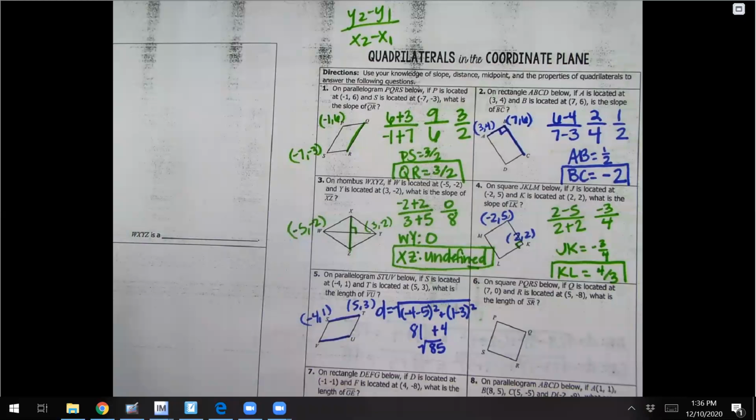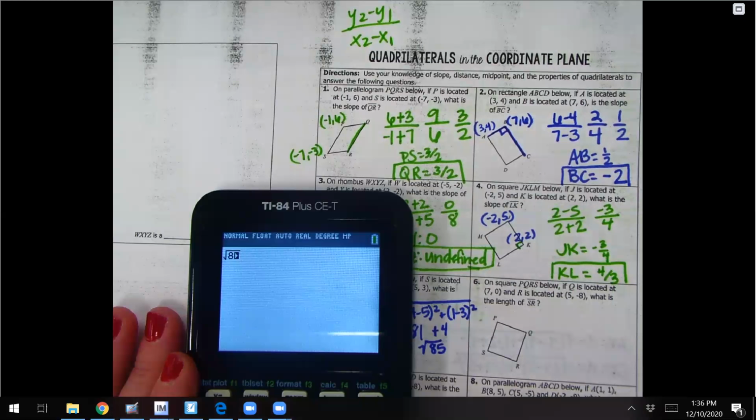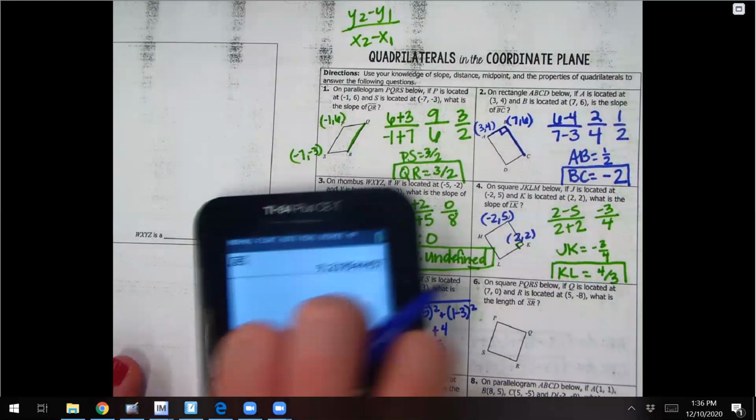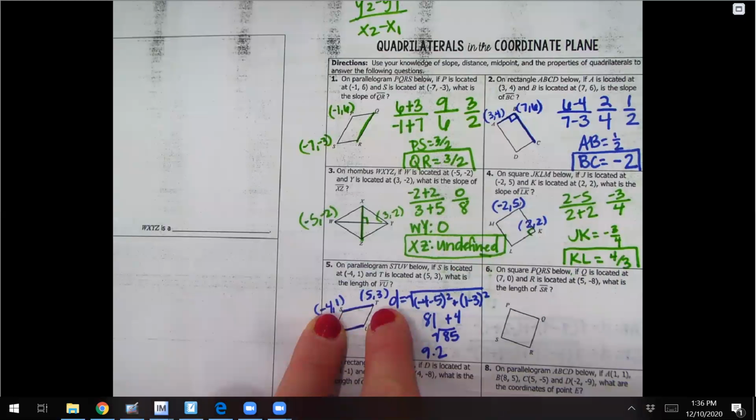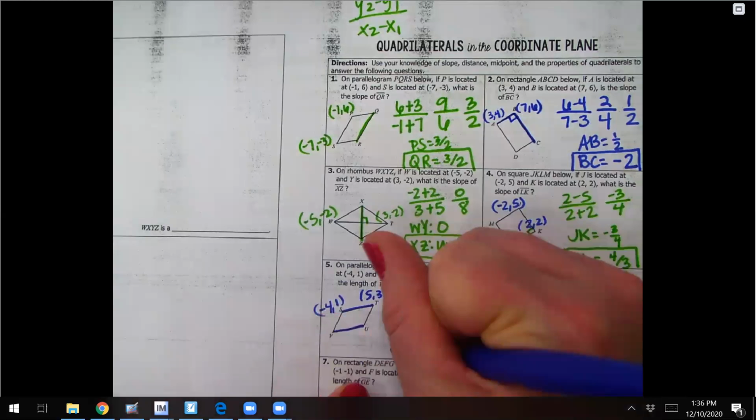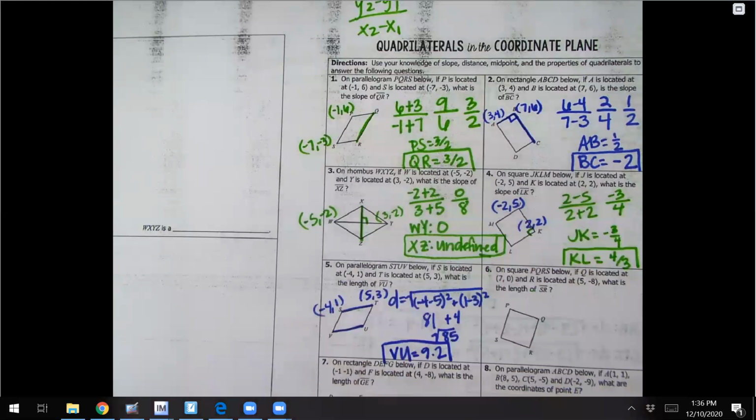So our approximate length is going to be 9.2. Now, that's the distance between ST. Is the distance between ST the same? So VU equals 9.2. Y'all are quiet. Y'all getting it? Is it easy?